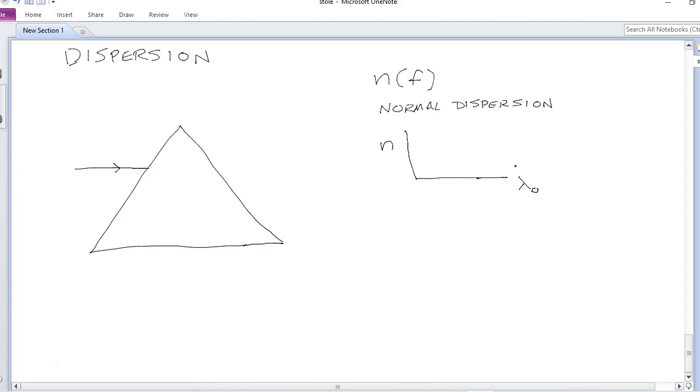Often we like to plot things versus wavelength, the free space wavelength, rather than the frequency. I think it's just a predilection for visualizing the wavelength. Okay, so if I make a plot of n versus the free space wavelength, I'm not going to put numbers on here, but we want to get the sense of larger or smaller.